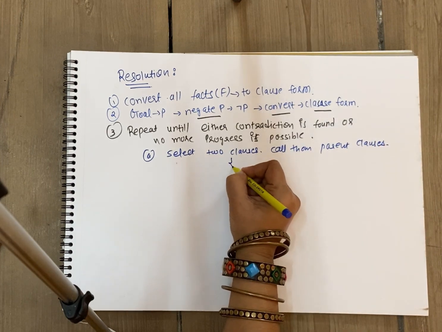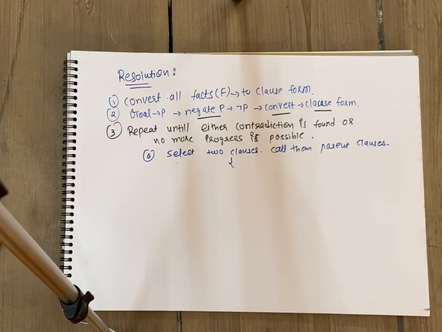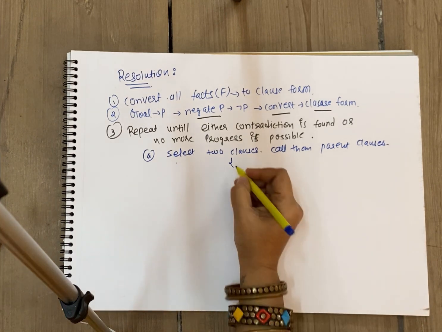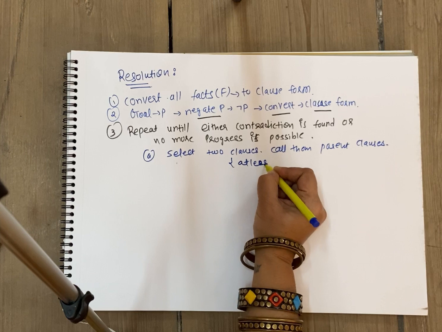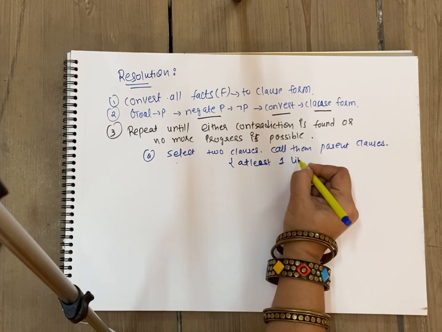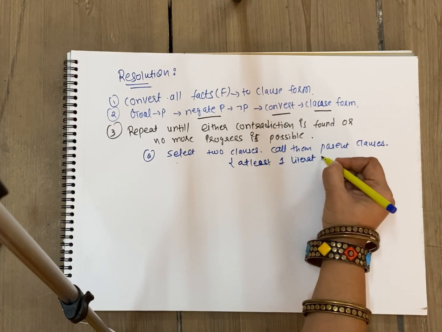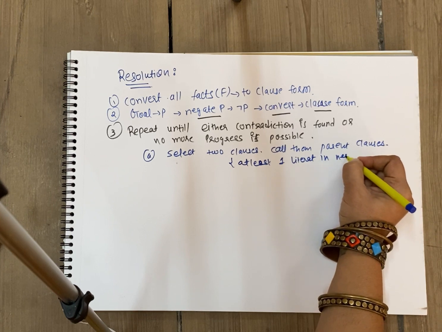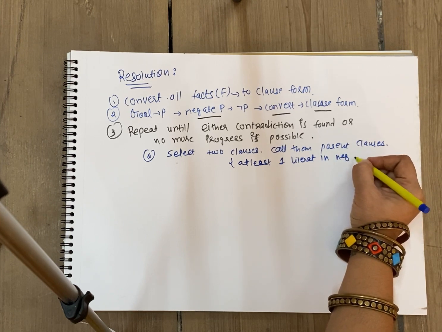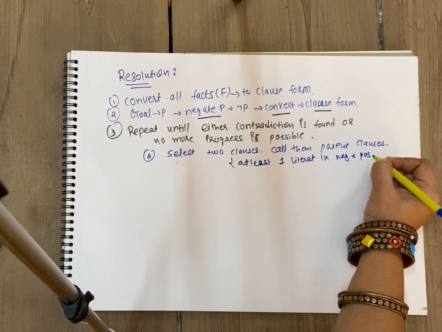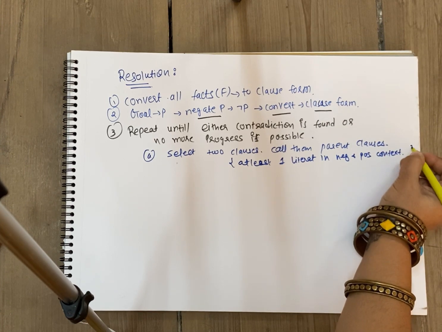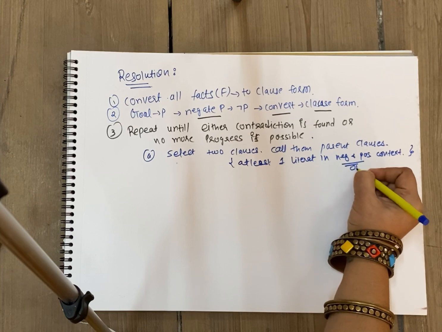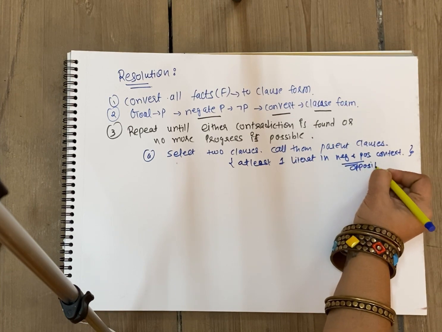How are we going to select these two clauses? They will be selected such that they have at least one literal in negative and positive context, meaning opposite context.